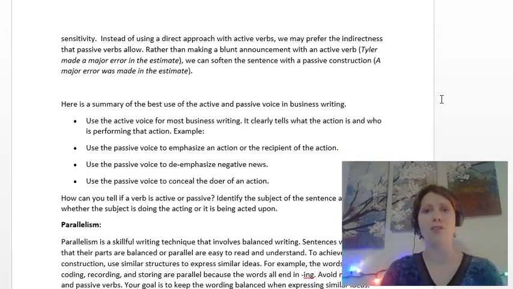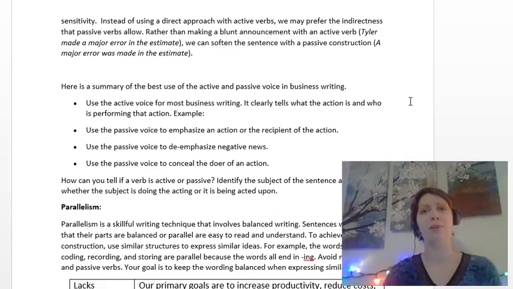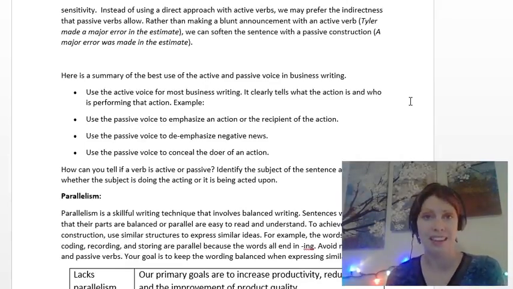So instead of using the direct approach with active verbs all the time, now I'm going to talk to you finally about sometimes when we should be using the passive or an indirect mode to get the message across. So rather than a blunt announcement like Tyler made a major error in the estimate, we can soften the sentence with a passive construction like a major error was made in the estimate. You'll notice when you change the construction to passive, you can omit who did it. And this is often when it is used.